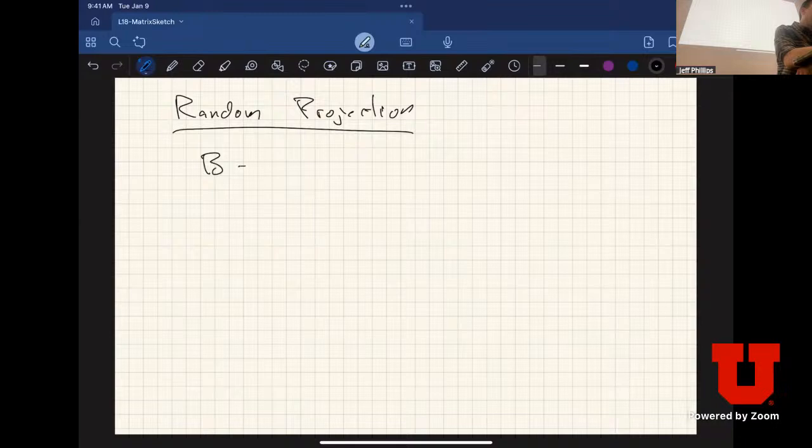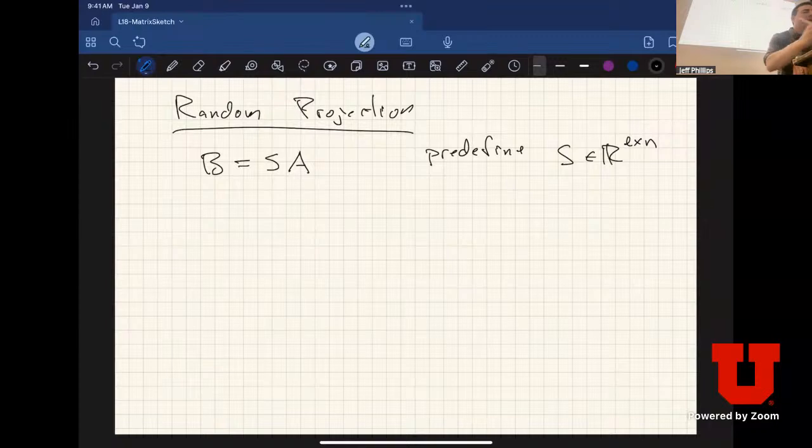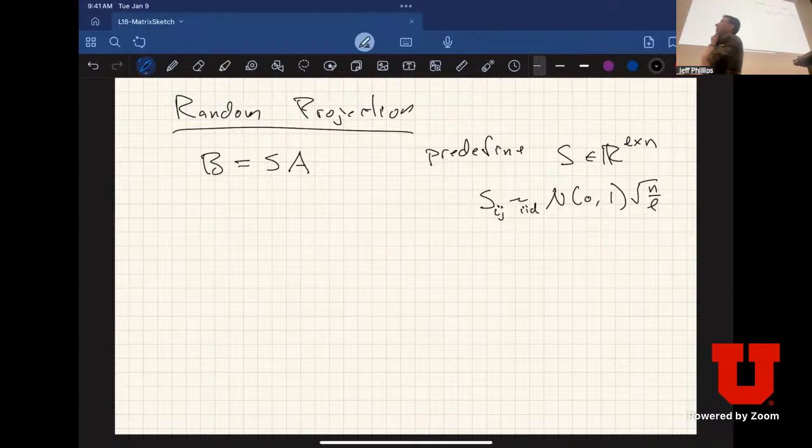have a matrix B, which is S times A. And so I predefine S, which is going to be in L times N. Okay, and I'm going to set it so that every ij entry is IID normal 0, 1 divided by, what is it, N times L. Okay, so I'm doing a random projection.